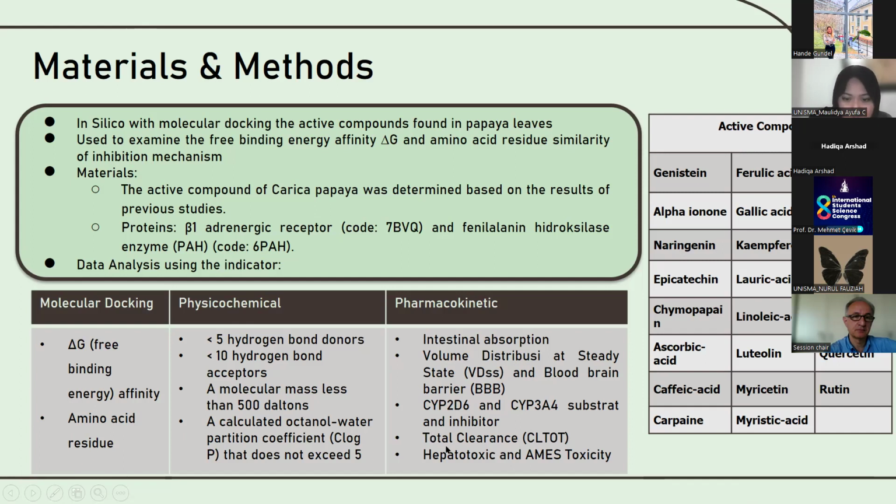And we use total clearance, hepatotoxicity, and AMES toxicity. The table on the right contains the active compounds that are used in this research. There are genistein, alpha-ionone, naringenin, and other active compounds.